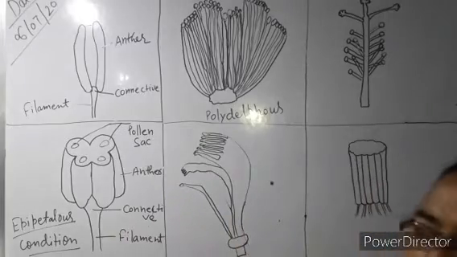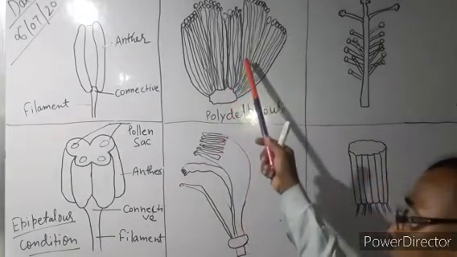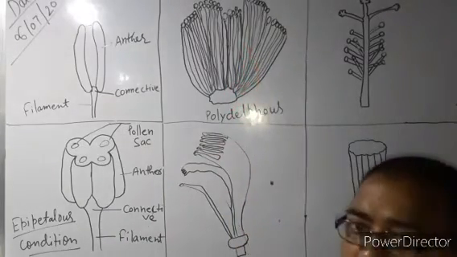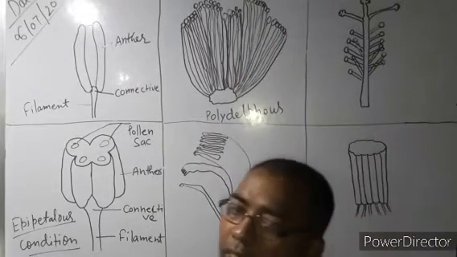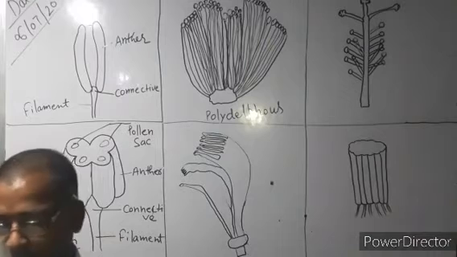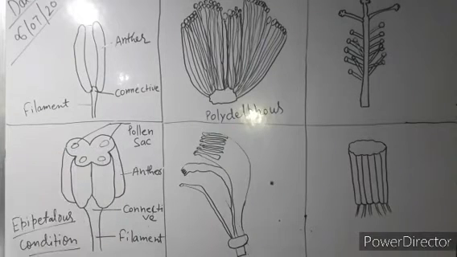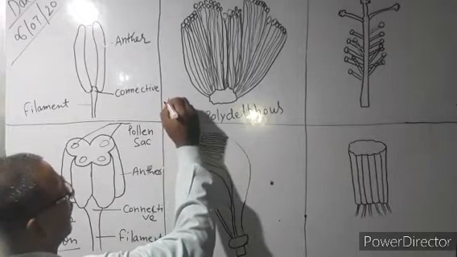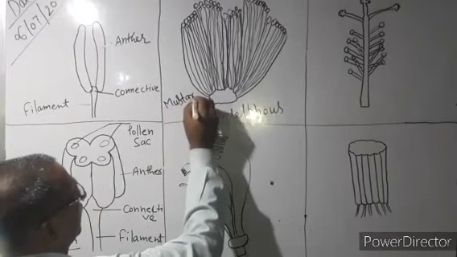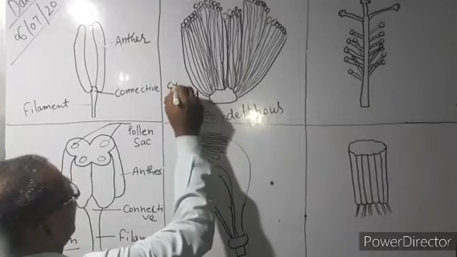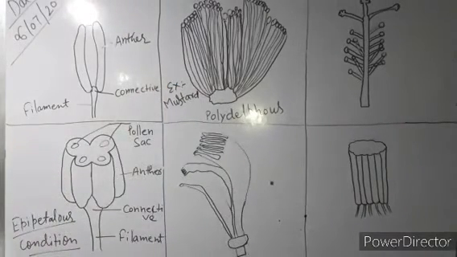That type of male reproductive organ in which the filaments are united and the anthers are free is known as the polydelphous condition. You can just write here the example: mustard.